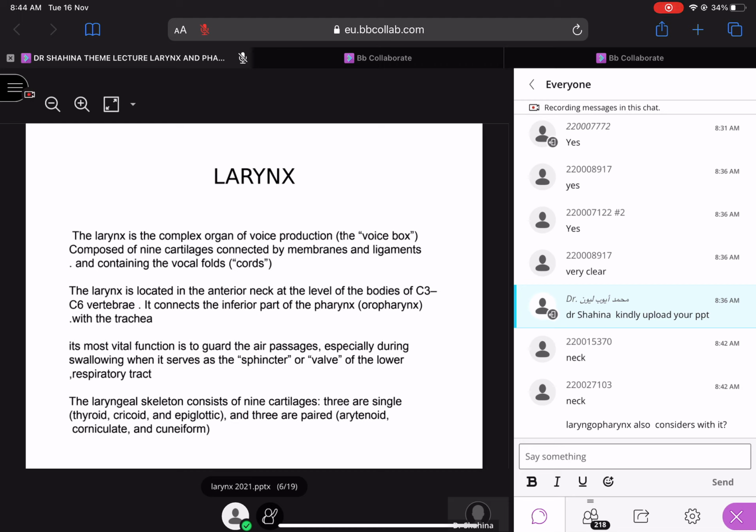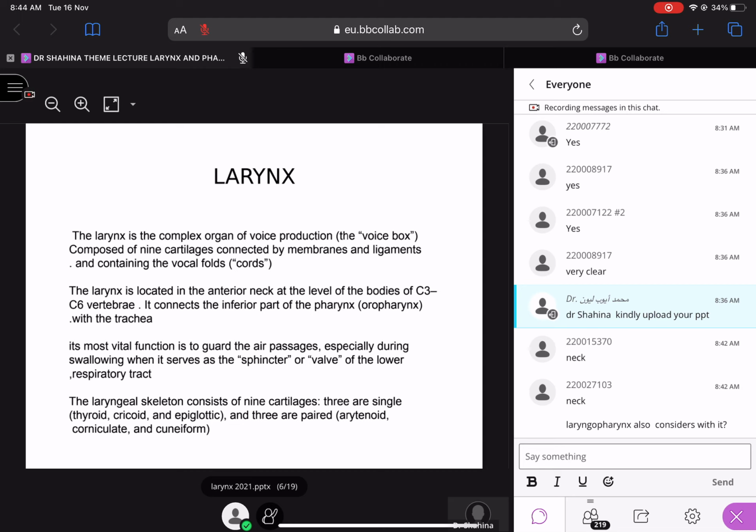Then here you will see the laryngeal skeleton. Now what is it made up of? You will see that it is made up of cartilages. You will come across one bone here called the hyoid bone, but as such, the hyoid bone has nothing to do with the larynx. It does not contribute to the larynx.